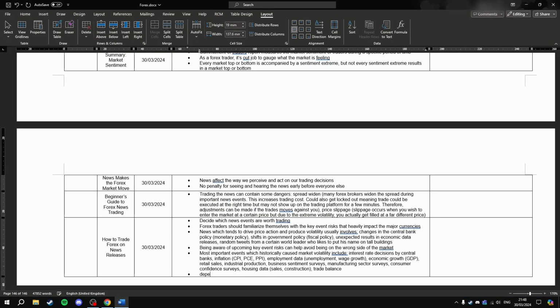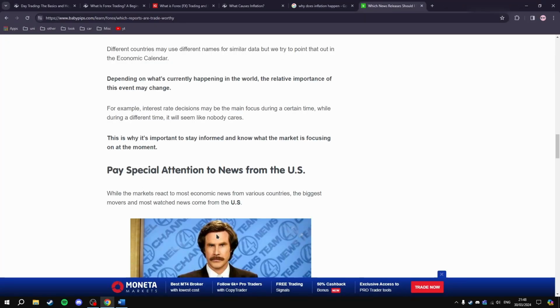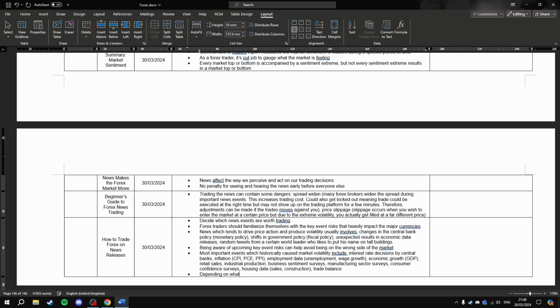Depending on what's happening in the world, the relative importance of the events may change.